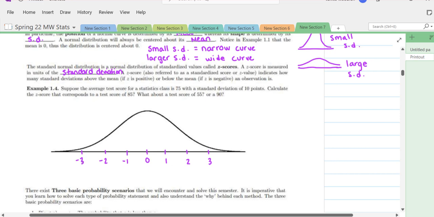This is called a standard normal curve. A standard normal curve has a mean of 0 and a standard deviation of 1.